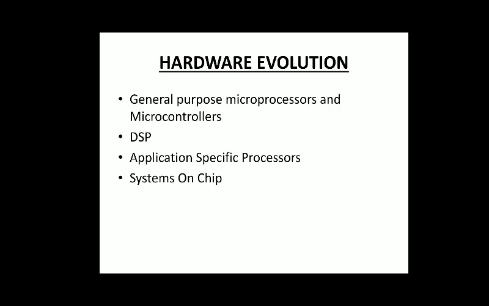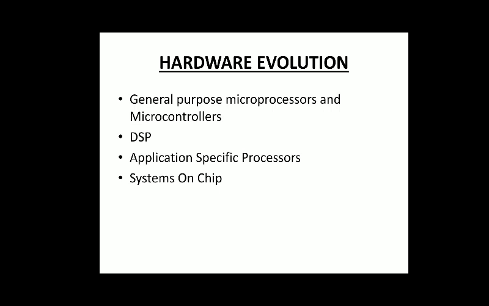So here we have the hardware evolution of embedded systems, what it was and what it is now, from top to bottom. First we had the general purpose microprocessor and microcontroller, after the introduction of what? MOSFET. At first the MOSFET was invented, and after that we started minimizing sizes with the help of Moore's law.